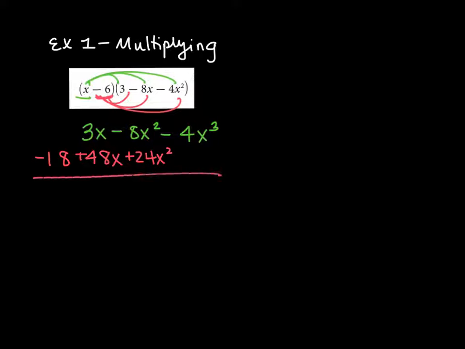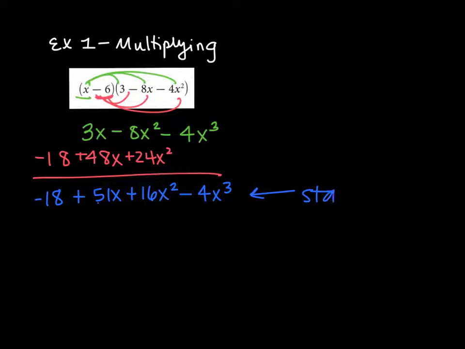You see, if I go in order, now my exponents are lining up so that I can just combine straight down. So negative 18 plus, what is that, 51x plus 16x squared minus 4x to the third. And the only thing that I would maybe fix is you may want to reorder how that's written, make it in standard form.